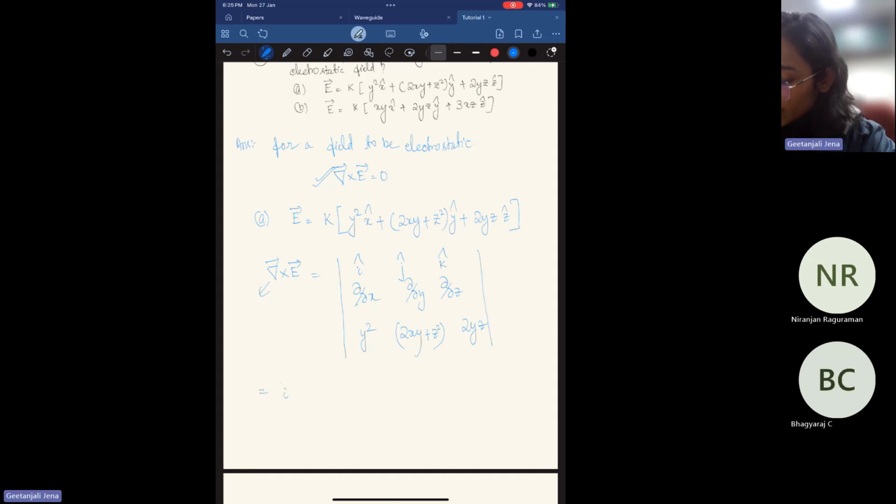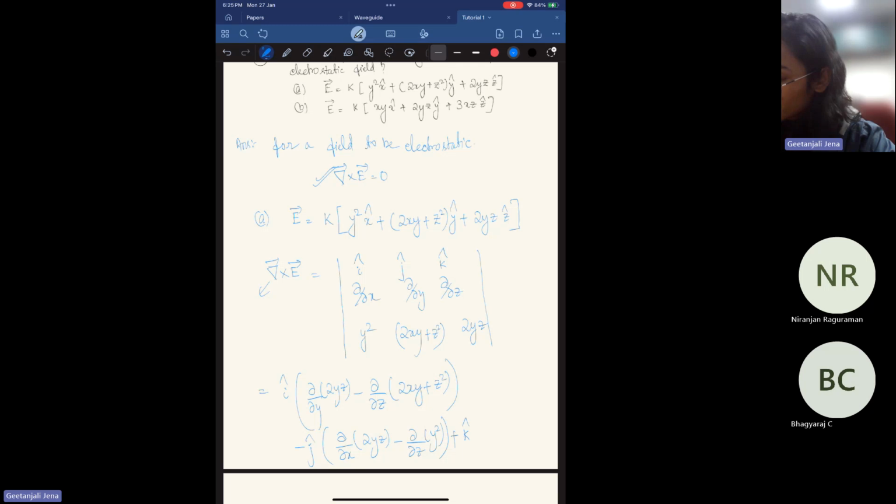So for the i cap term, it is dou by dou y of 2yz minus dou by dou z of 2xy plus z square. For j, it is minus j cap times dou by dou x of 2yz minus dou by dou z of y square.